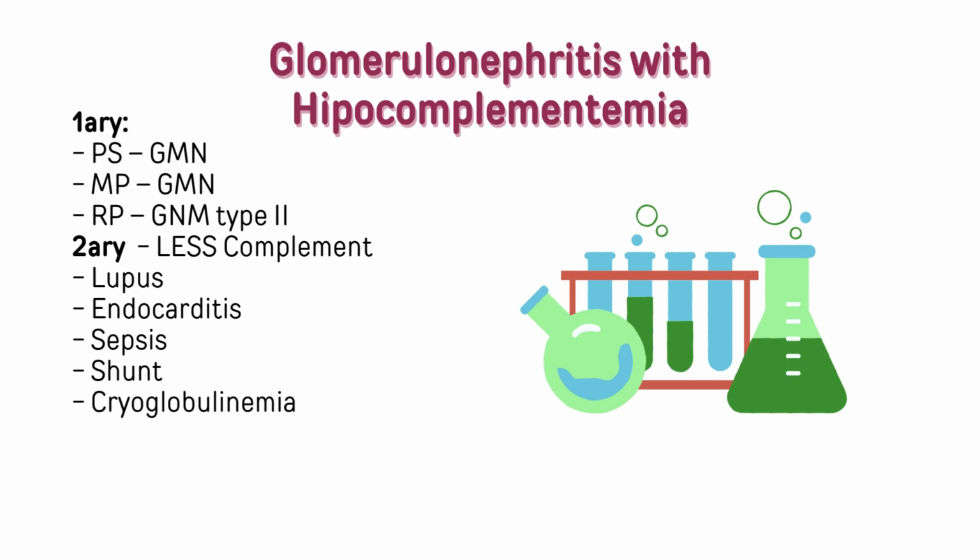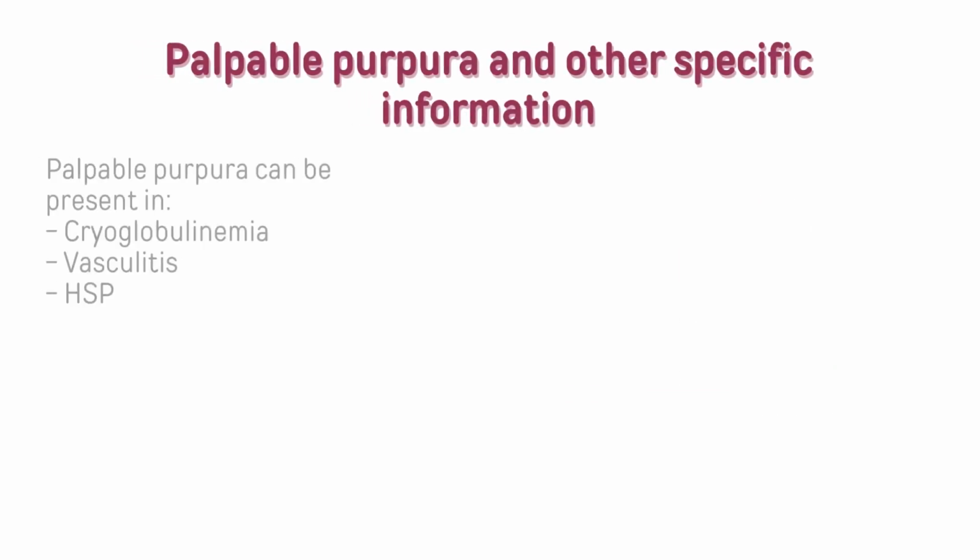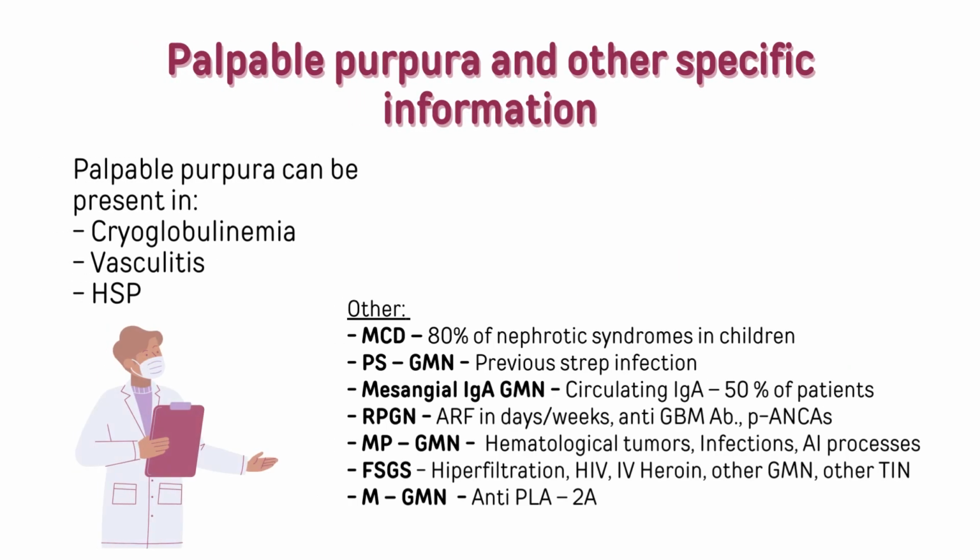The secondary ones can be remembered with the mnemonic LESS COMPLEMENT, which are lupus, endocarditis, sepsis, shunt nephritis, and cryoglobulinemia. Lastly, let's focus on specific information which can help guide us through the diagnostic process.